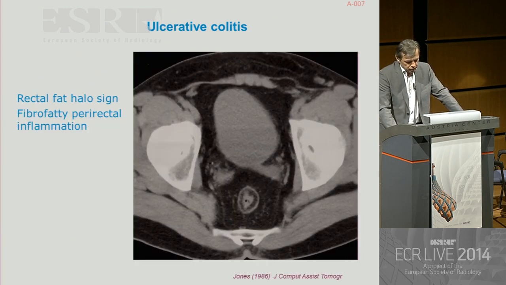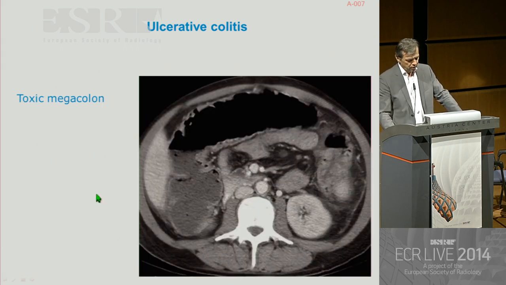And again, which is very well known but not so common to see, the rectal allophyne, that is the presence of fat in the submucosa of the rectum, associated with fibrofatty perirectal inflammation, which is a very classical feature of ulcerative colitis.